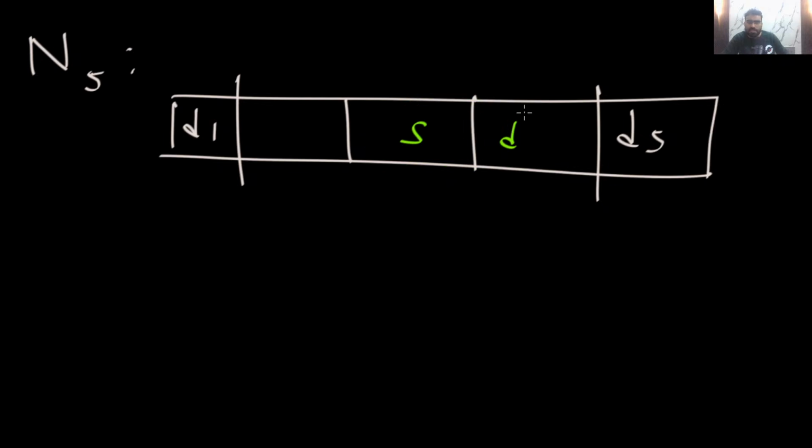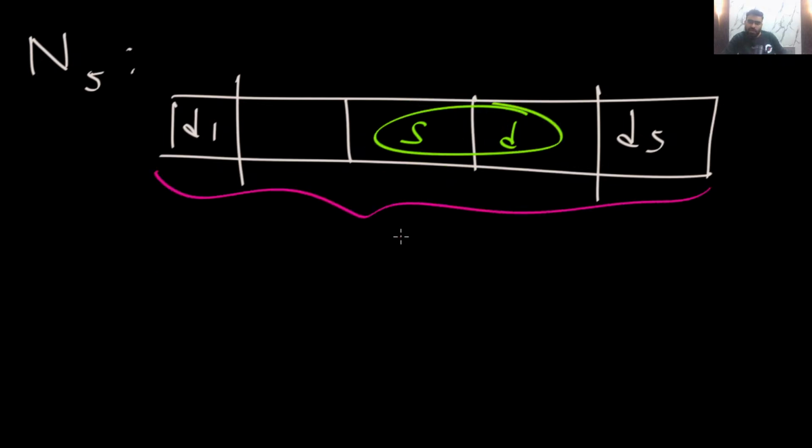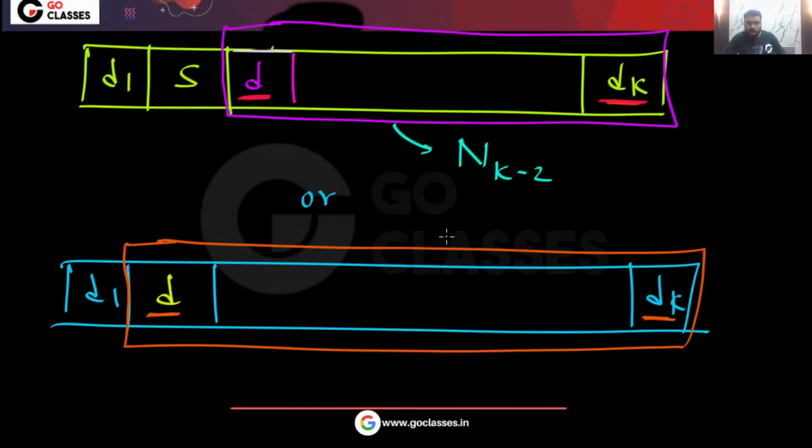So this condition is also there. I hope you understood. The number of such patterns is your n5. How many such patterns are there? That will be nk minus 1. So either this can happen or this can happen.